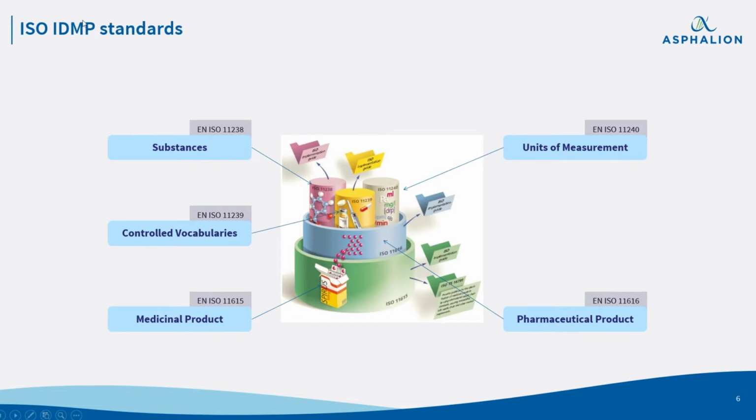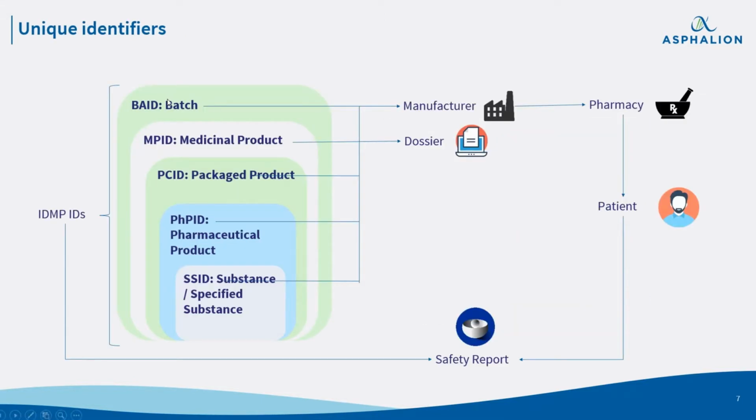And the word ISO IDMP stands for Identification of Medicinal Products. So at the end, we are just trying to build all these different IDs in order to identify our product on different levels, from the substance to the final product and even the batch. So you should not focus on the IDs themselves, because this may be a little bit complicated.